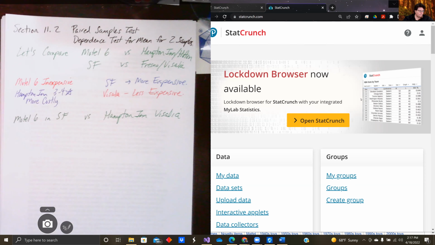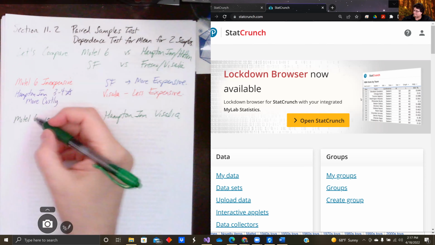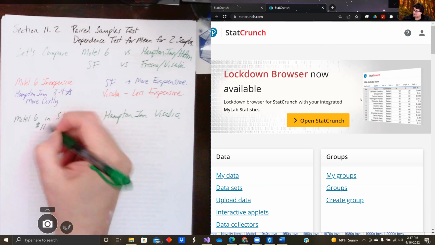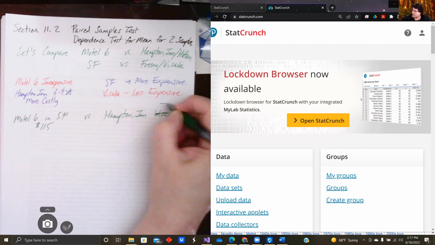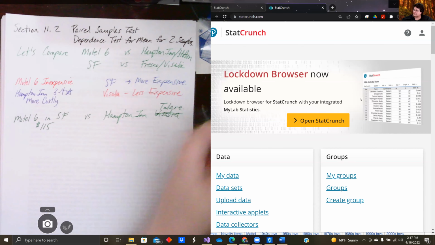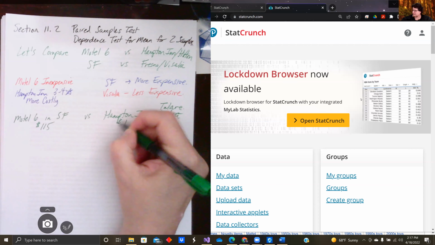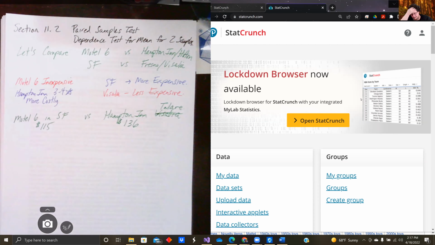When I looked it up, this was about $115 a night. And when I looked up Hampton Inn, I saw one in Tulare, so I'll put Tulare. Hampton Inn in Tulare, it was $136 a night. Now they're not exactly the same, but they're fairly close.